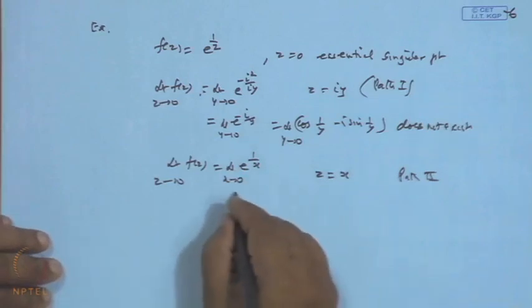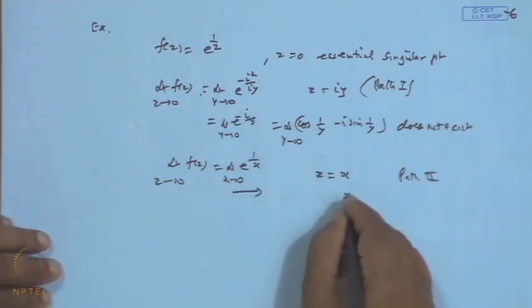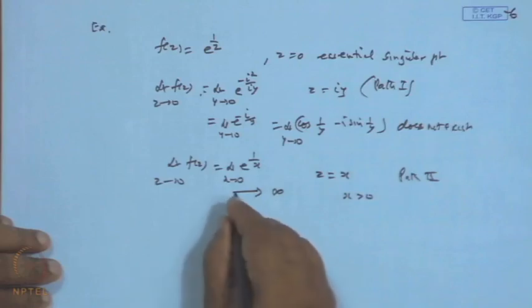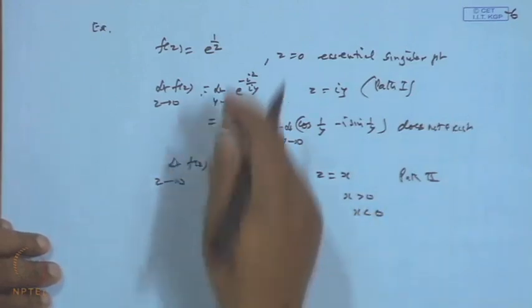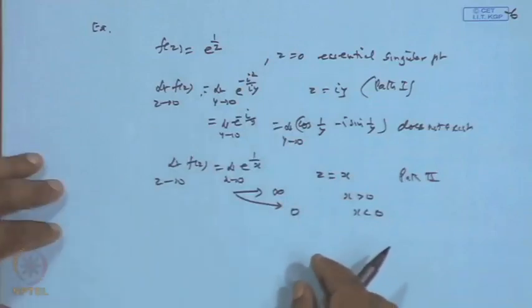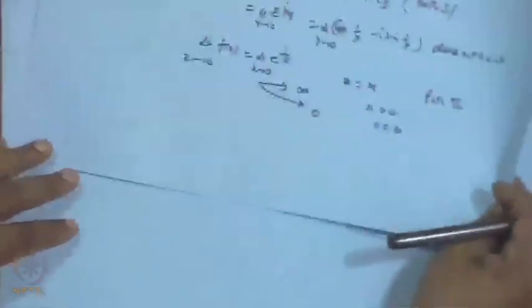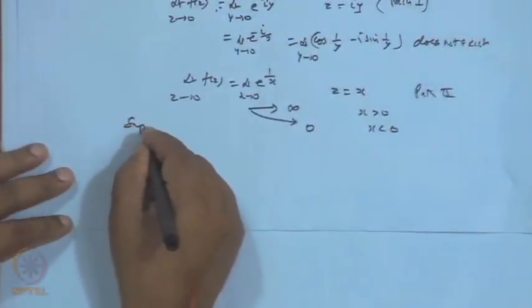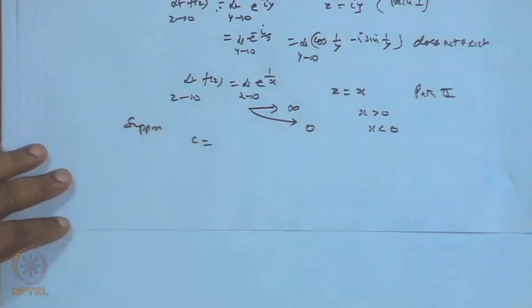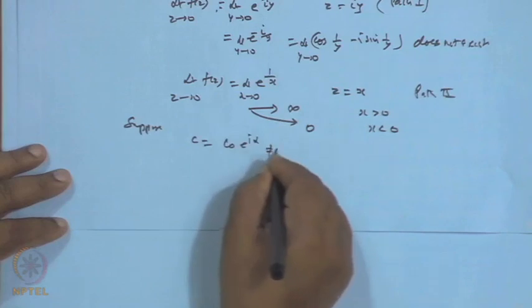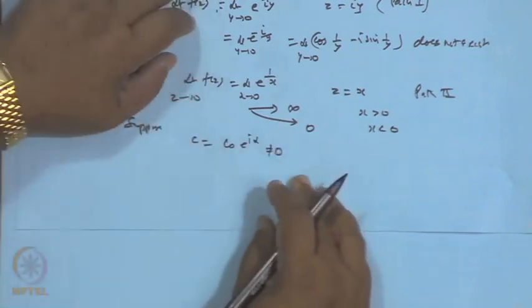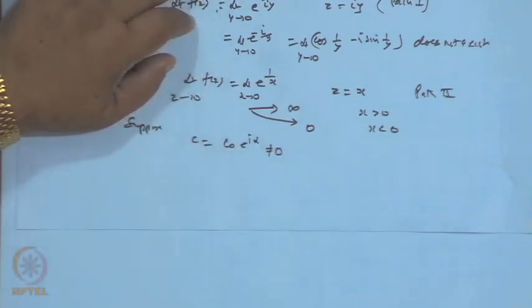Now, if x is positive, it will go to infinity, if x is negative, it will go to 0. So, along different paths it has different values. In fact, suppose I want the value c, which is equal to c naught e to the power i alpha, different from 0, then one can identify the path which approaches 0.